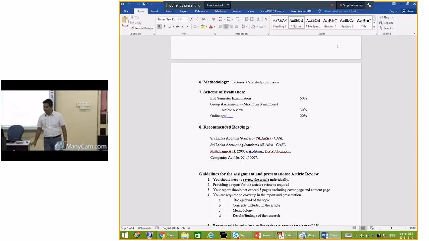You should select the research article from a refereed or reputed journal, for example Emerald, JSTOR, or Science Direct. Then only is the research quality there.